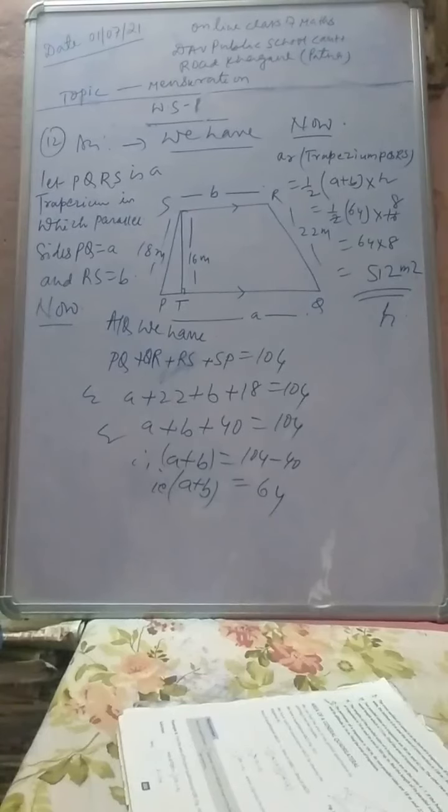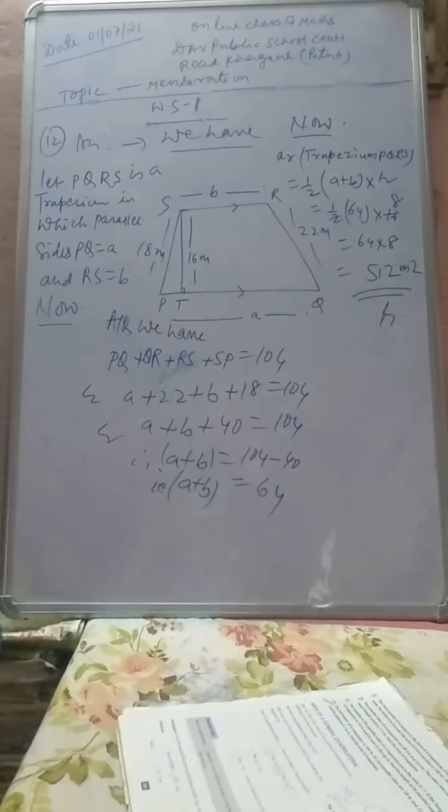According to the question, PQ plus QR plus RS plus SP is equal to 104, or A plus 22 plus B plus 18 is equal to 104. It is given that the non-parallel sides are 18 meter and 22 meter.